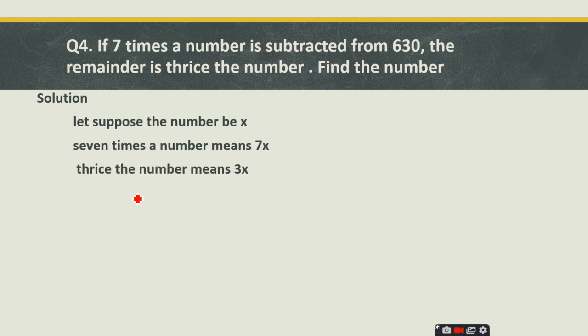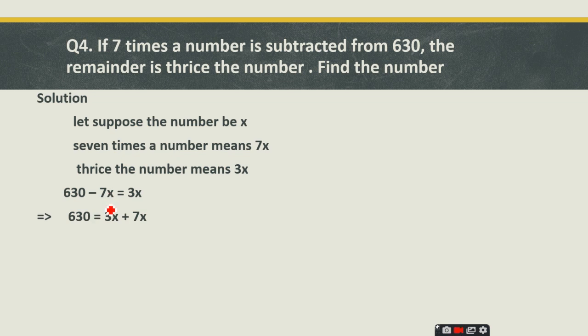Thrice the number means 3x. Now make the equation. If 7 times a number is subtracted from 630, you all know that when we subtract numbers, we write the number after the word from first. So I have written 630 first, minus 7 times the number means 7x is equal to 3x.